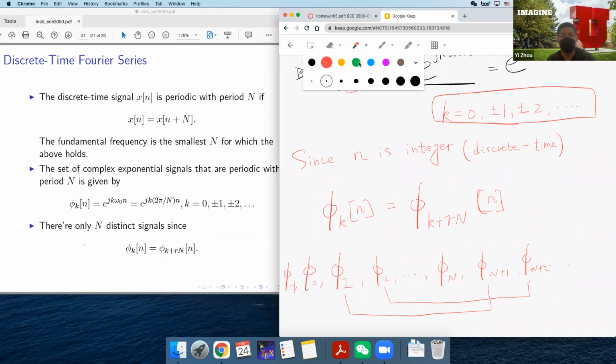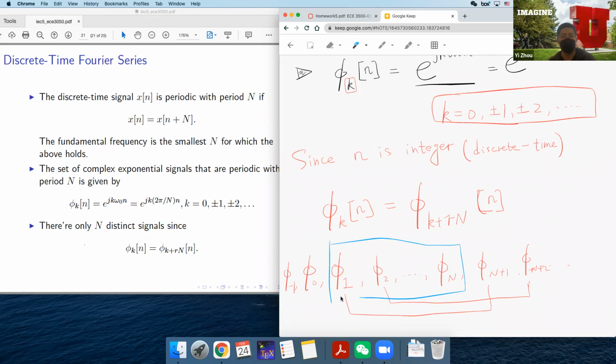We just need to consider one subset of this, because they are periodic, which means that we only have a finite number of basis signals in this case.